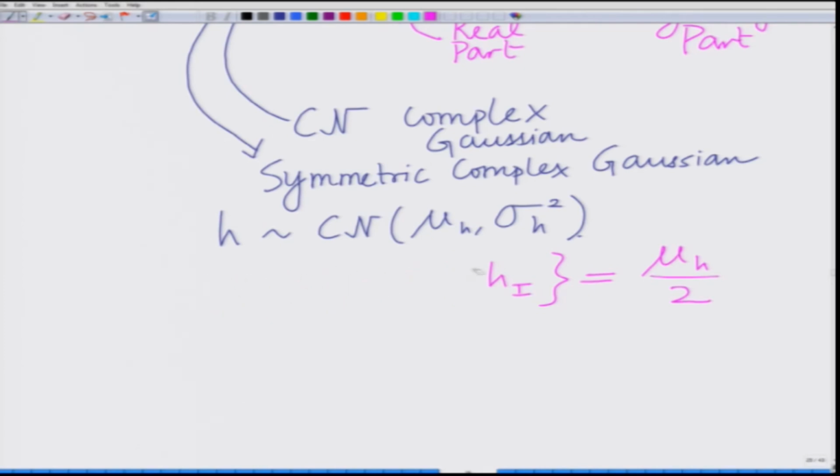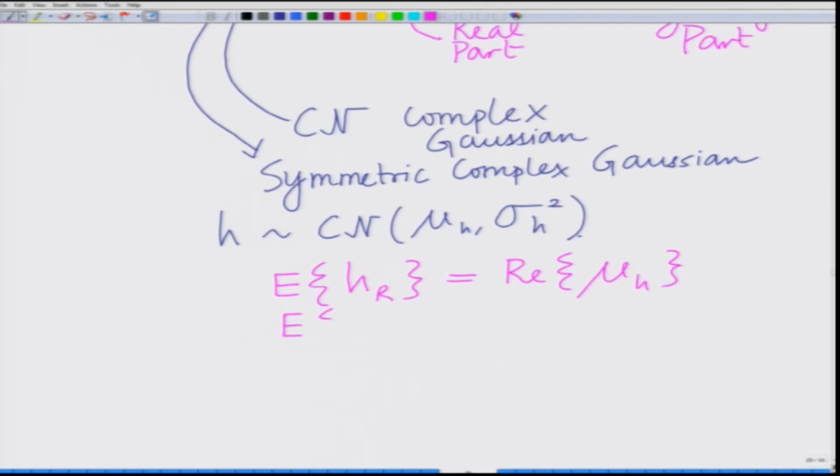So, we have the mean of the real part equal to the real part of the mean, for instance expected value of HR equals the real part of the mean. This is of course obvious: expected value of the imaginary part equals the imaginary part of the mean.